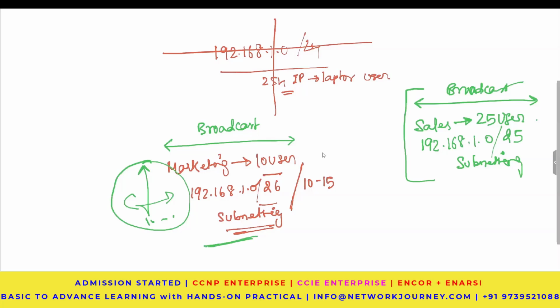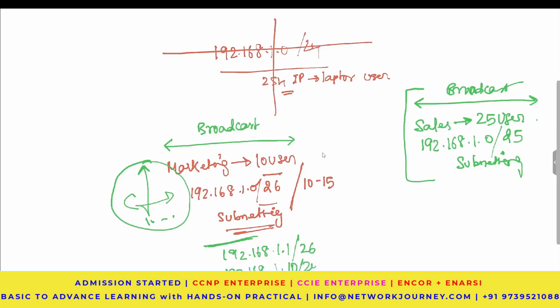Within this range, let's say 8 to 10 users can easily sit. Similarly, the IP range for the sales team would be 192.168.1.11/25 CIDR value till 192.168.1.40/25, let's say, as we wanted 25 users.